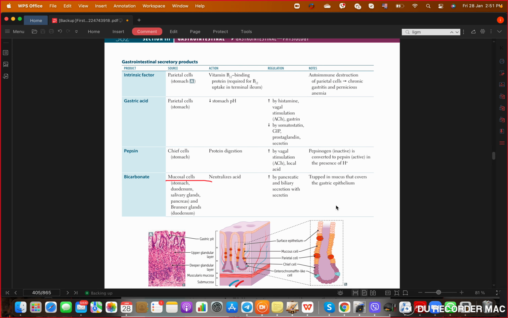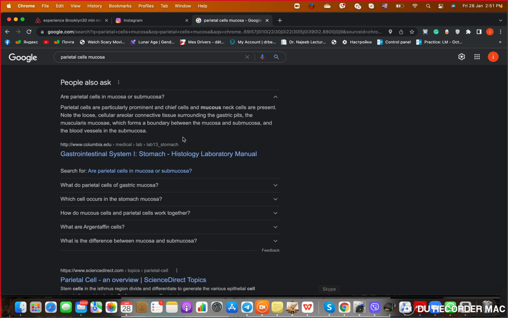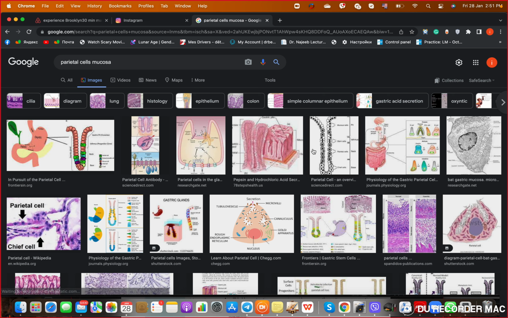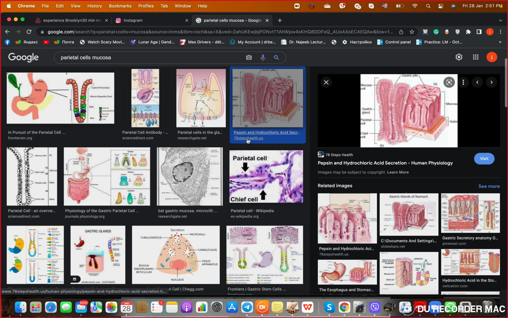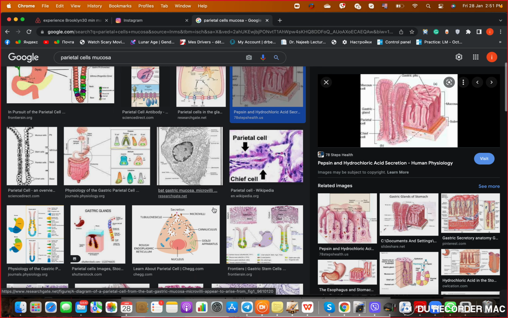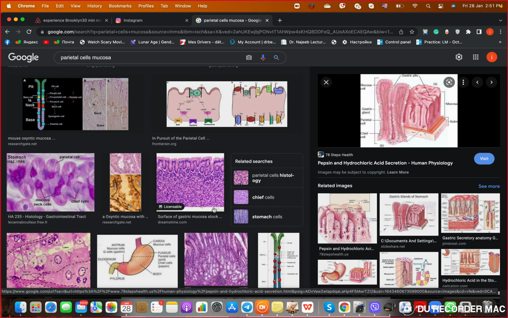No, doc. Can you show that again, doc? They're talking about the muscularis mucosa, which is between. I think you have a point. It makes sense that they will be in the mucosa because they need to secrete.